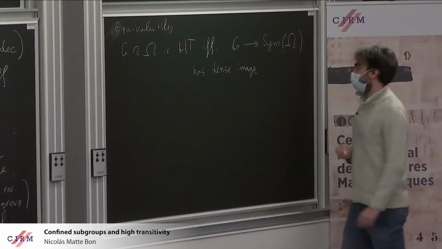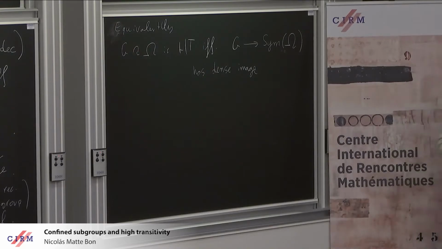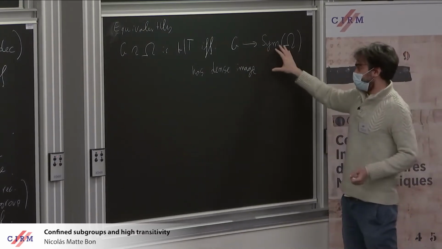The symmetric group over any set is a topological group with respect to pointwise convergence. If the set is countable, it's a Polish group.